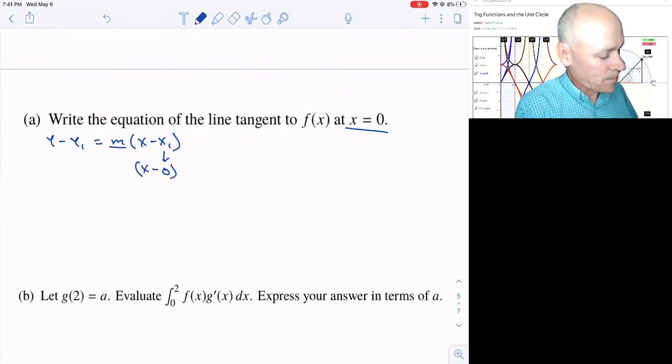I know m is going to have to be equal to, well, it's tangent to f, so it's got to be f prime at this particular x value. So m is going to be equal to f prime at 0. So I got to get that. And then I also know that y1 has just got to be f at 0.